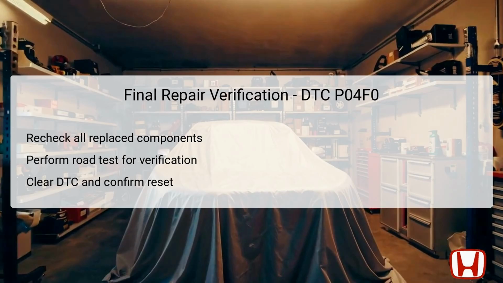If everything checks out correctly and the vehicle performs as expected, the next step is to clear the DTC using the Honda Diagnostics System HDS and confirm that the fault has been successfully reset. This ensures that the EVAP system is now functioning optimally, providing assurance of compliance with emission standards moving forward.